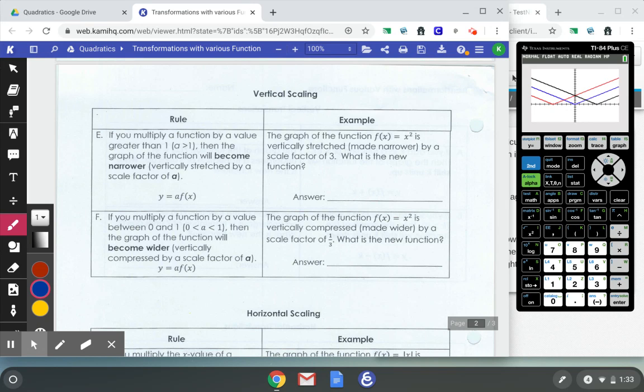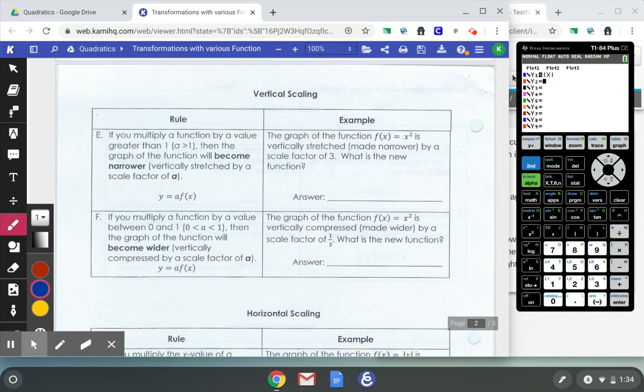Okay, vertical scaling. Vertical scaling means, is the graph going to get skinnier or is it going to get wider? All right, we looked at this a little bit when we talked about quadratics. Let's put it in the calculator. Let's do that absolute value function again. So we are going to do the absolute value of x.